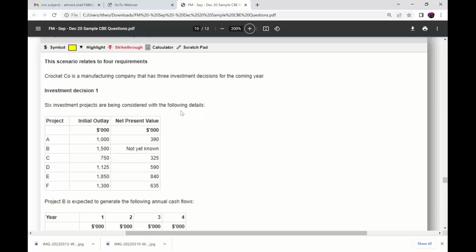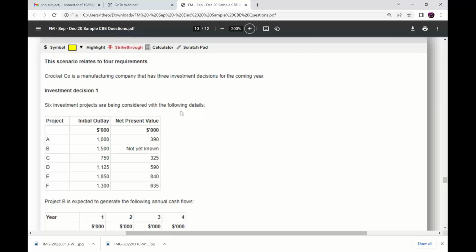If you can see, project A requires initial outlay of 1 million and the NPV is 390,000. Okay. Project B requires initial outlay of 1.5 million or 1,500,000. NPV is not yet known. Project C's initial outlay 750,000, NPV 325,000, D 1125 and 590, E 1850 and NPV is 840, and F is 1300 and 635.